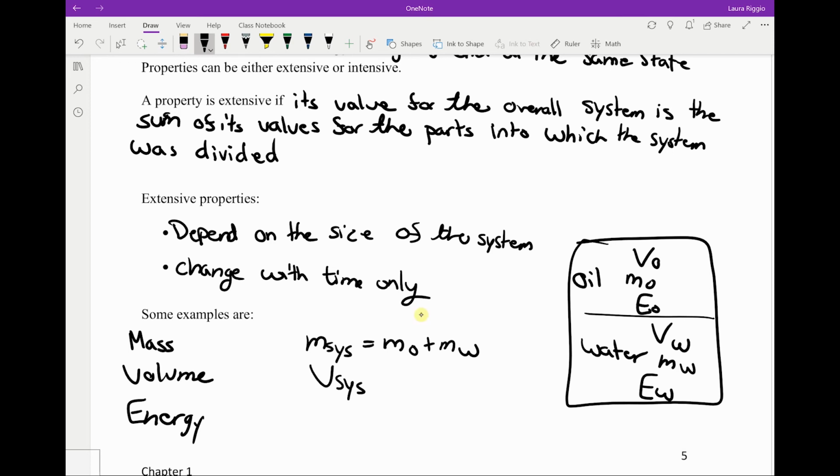The volume of the system is the volume of the water plus the volume of the oil. And the energy of the system is the energy of the water plus the energy of the oil.